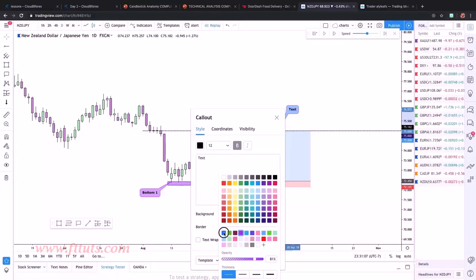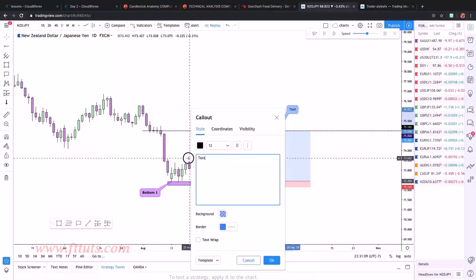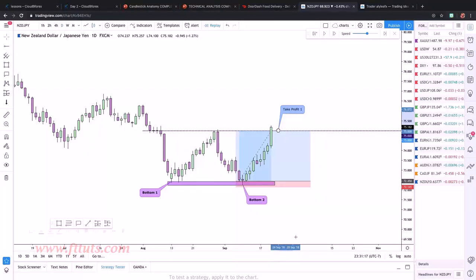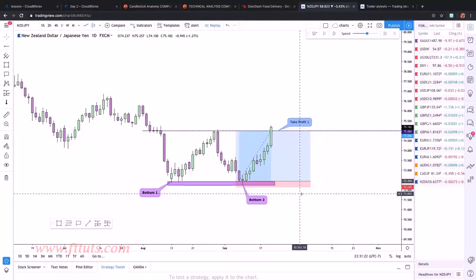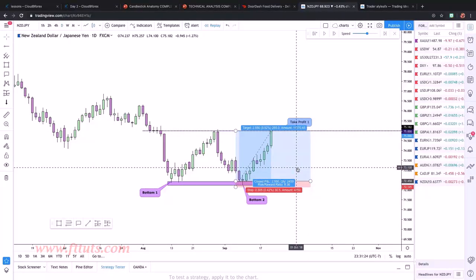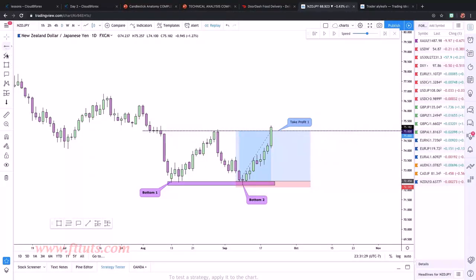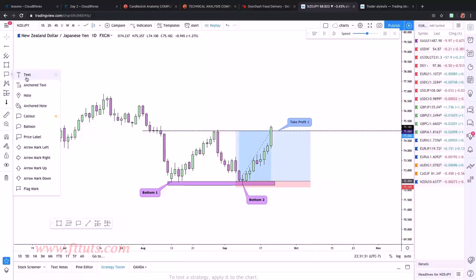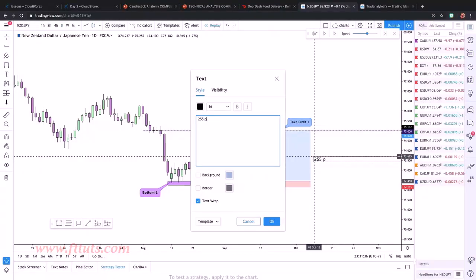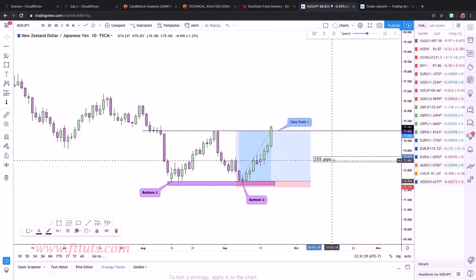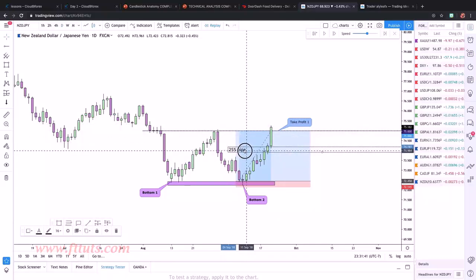So this will be our first take profit. So that's a 1-to-8 ratio. So 255 pips. Where's that move?